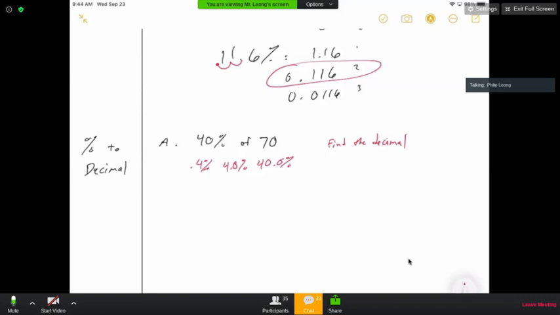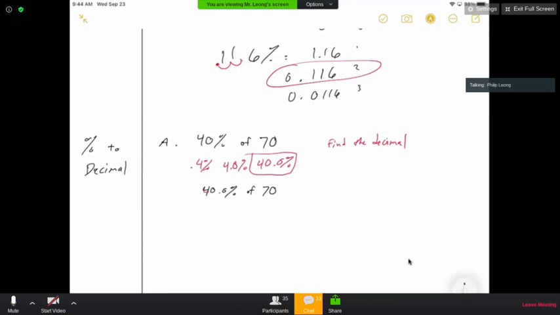So where is the decimal? Sometimes people have a hard time finding a decimal when there is no decimal, right? Isn't that 40.0%? Same thing? Okay. So this is 40.0%. This is really what the problem is saying, 40.0% of 70.